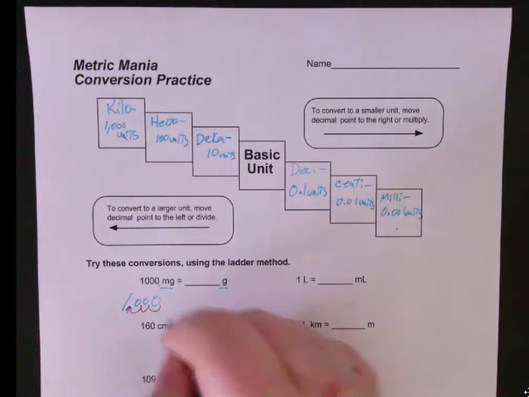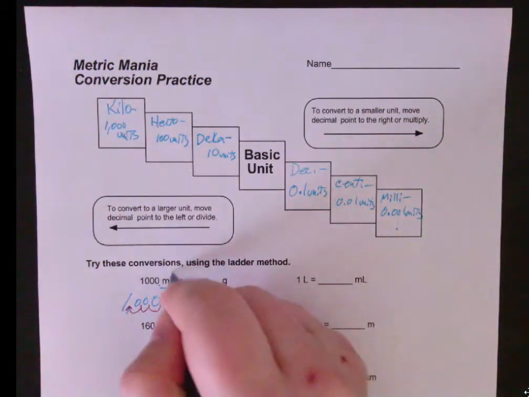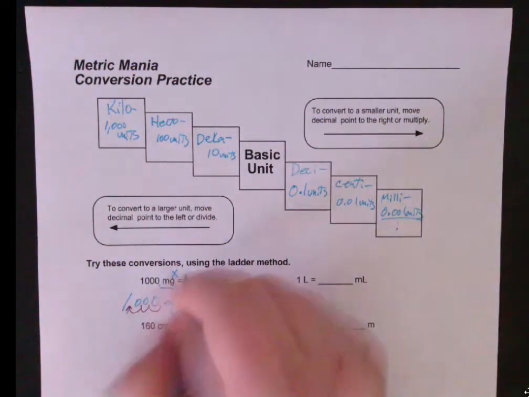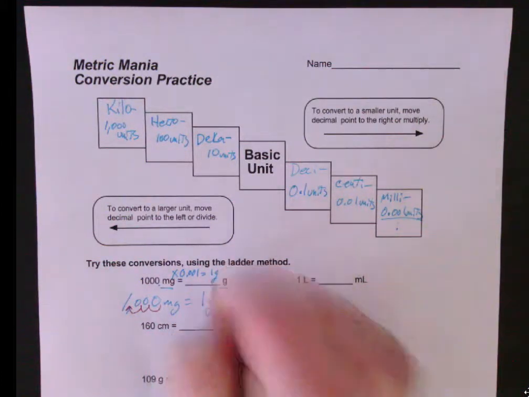That's going to leave us with 1 gram. So we just have to move that decimal place over. You can also multiply that. So if you take 1,000 and you multiply it by this unit number, you're also going to get 1 gram.